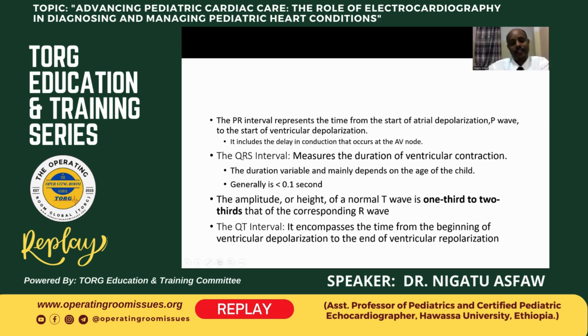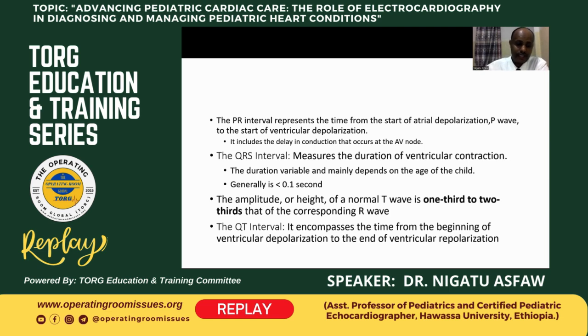And after QRS, there will be a wave of repolarization of the ventricles, that is the T wave, and usually it will be deflected in the direction of the QRS, and its amplitude will be 1/3 to 2/3 of the corresponding R wave.